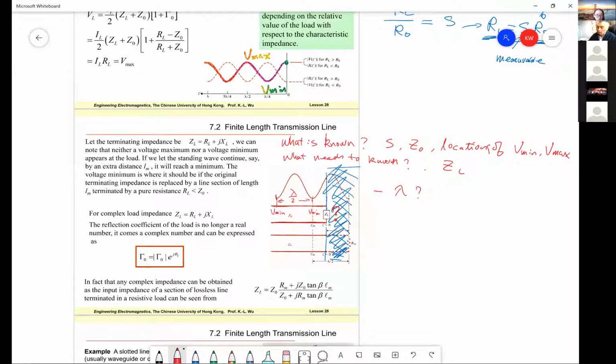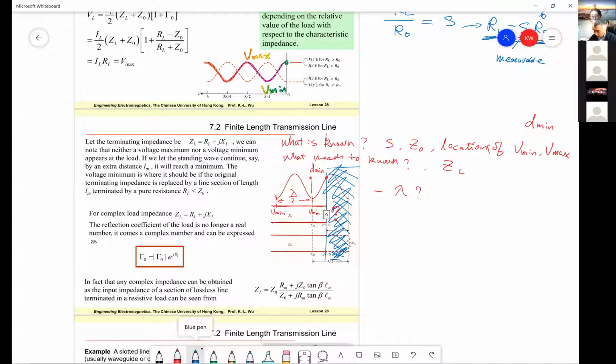All right, now we also know one more thing: I know the location from my reference plane. So I know this is a distance, which I call D minimum. Why I call it D minimum is because I know it from my reference plane.